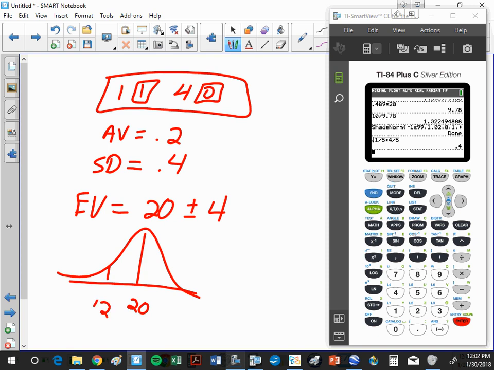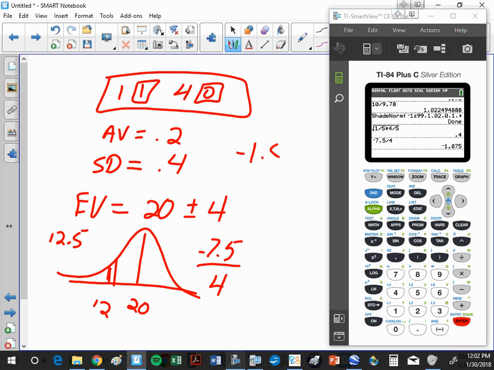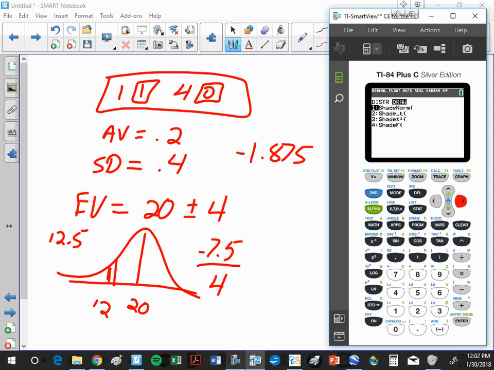And down here at 12, we're actually going to calculate 12.5, which is 7.5 away from the EV. Negative 7.5. Divide that by 4. And I get a z-score of negative 1.875. Now I shade norm from negative infinity to negative 1.875.